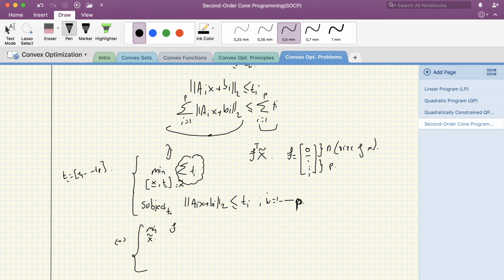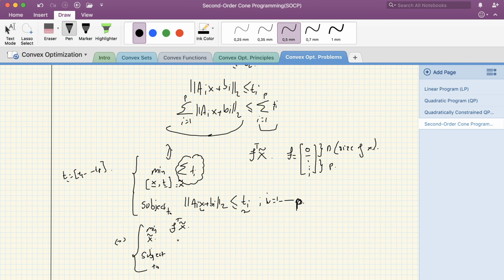I'll just write f transpose x tilde as such, subject to, and I want to see this only as a function of x tilde. Of course, in Ai, bi, and some constants, but I don't want to see x and ti's. I want to see only x tilde, so that we have a concrete SOCP problem.